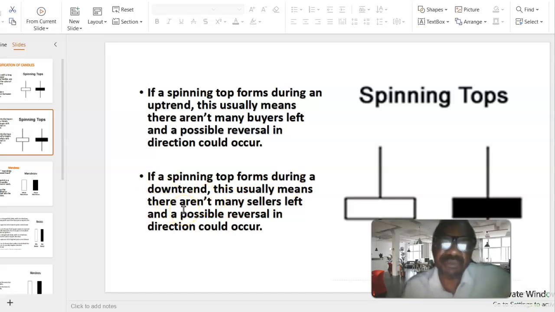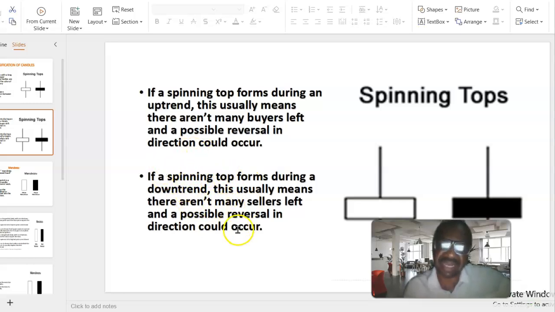Now let's look at this. If a spinning top forms during a downtrend, meaning price is going lower, this usually means that there aren't many sellers left, and a possible reversal in the direction could occur. So it is a candle that when you see it, you need to be careful and watch out for a reversal.